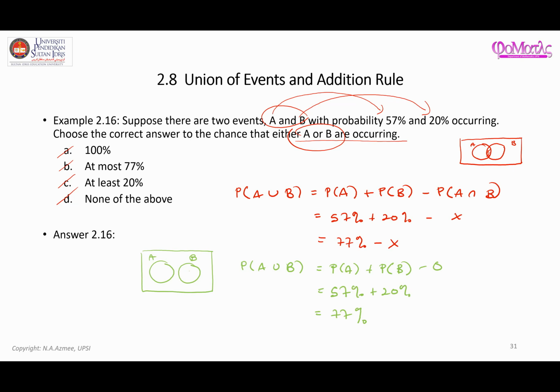So these two situations have to be considered, and you'll see that the answer to this question here is going to be at most 77%. That means the probability of A or B occurring could be 77% if you consider the case of mutually exclusive, and it can be less than 77%, and therefore the answer is at most 77% because the highest value is 77%, but it can go lower than that if you consider the events where A and B are not mutually exclusive.